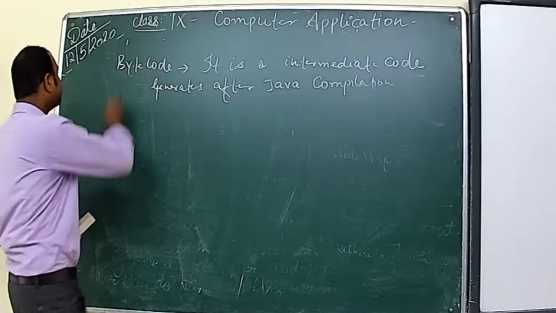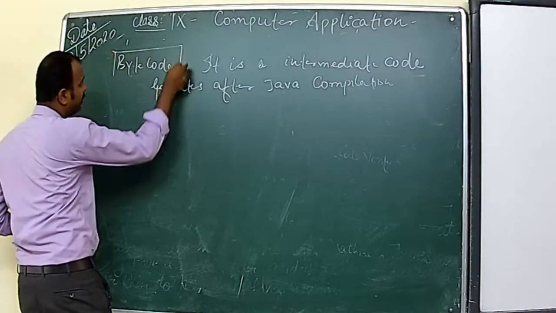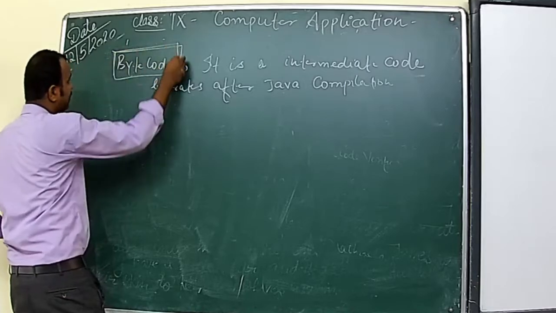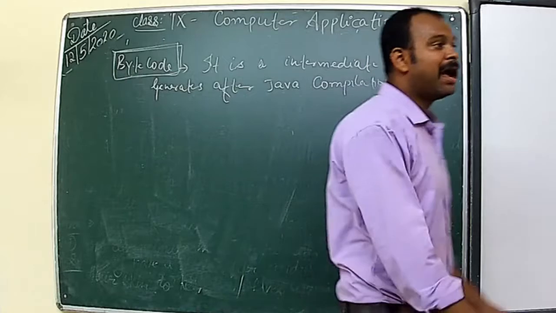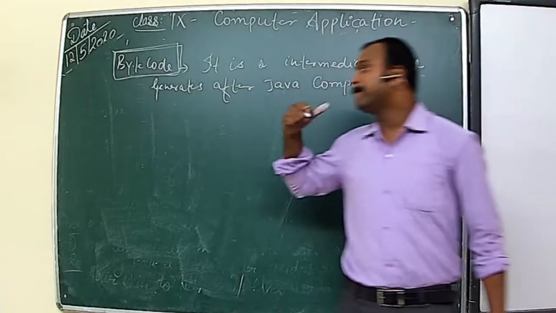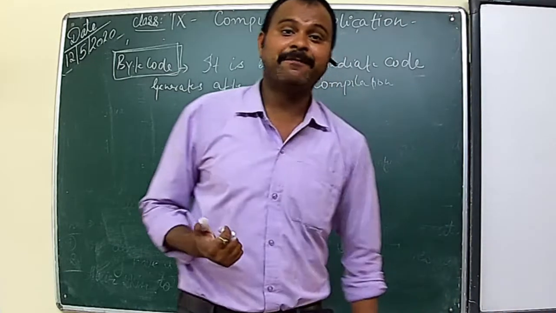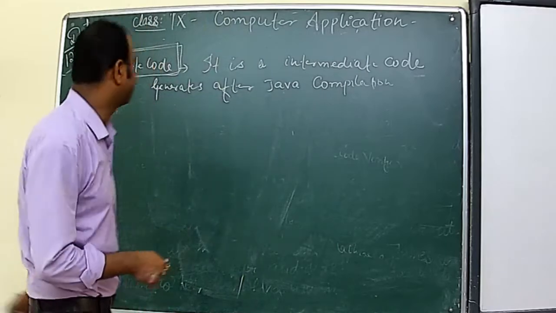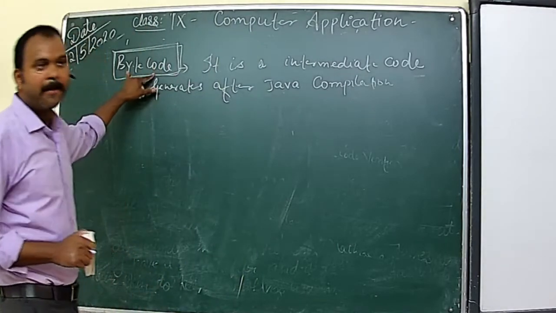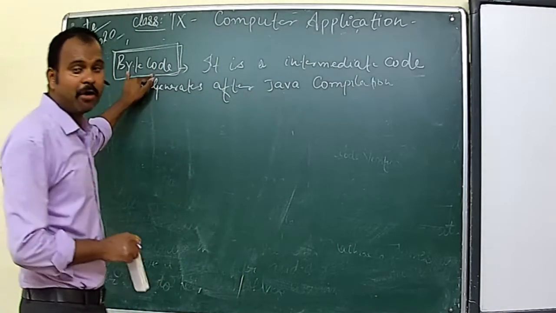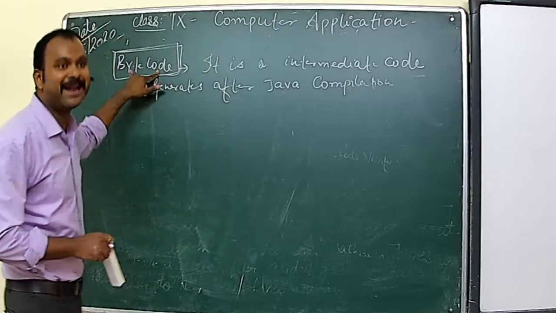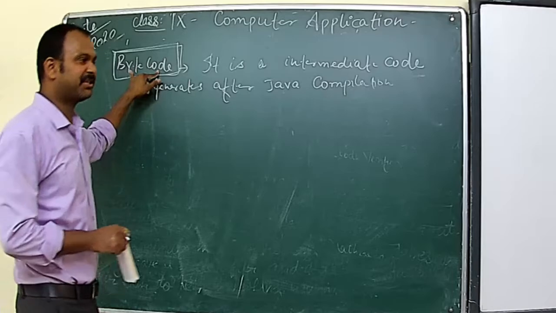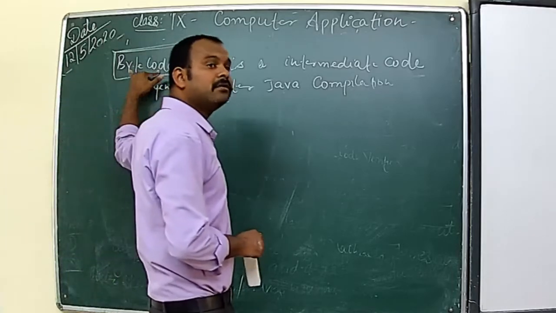Clear? This bytecode is responsible for executing on any other platform, and this bytecode makes Java a platform independent language, because it can be used on any other platform to execute the code.